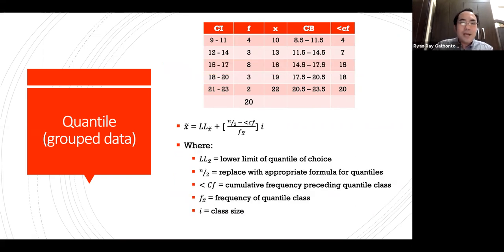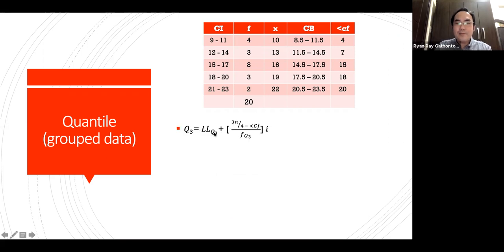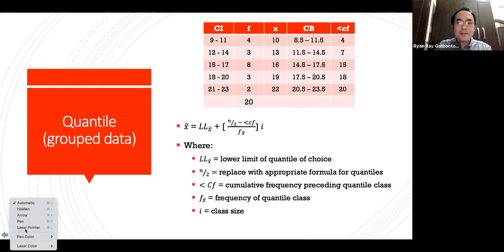Now, getting the quantiles in your grouped data is similar to your median data or median formula. Okay, we just have to replace this one or this part. Okay, the lower limit of the median class, this one, and this one.